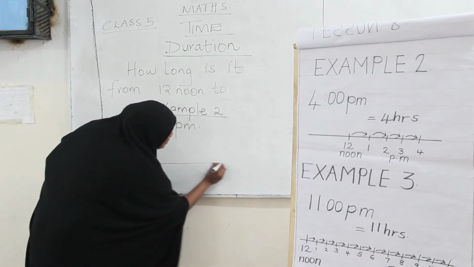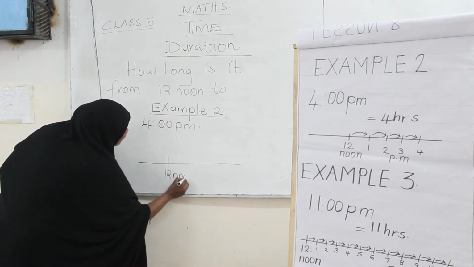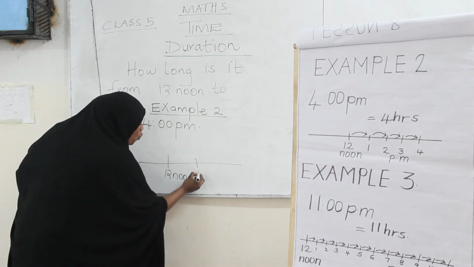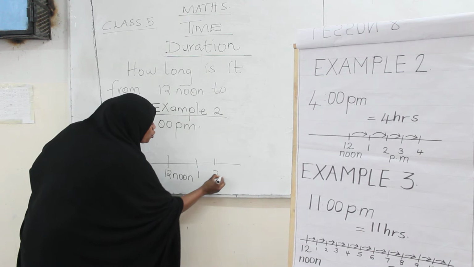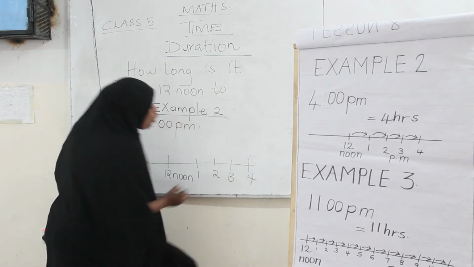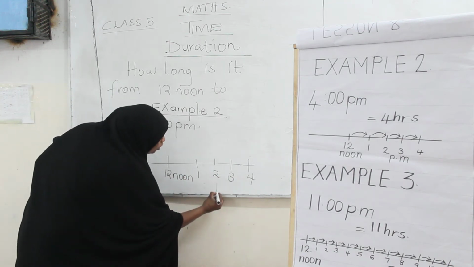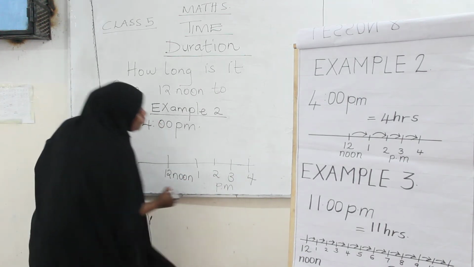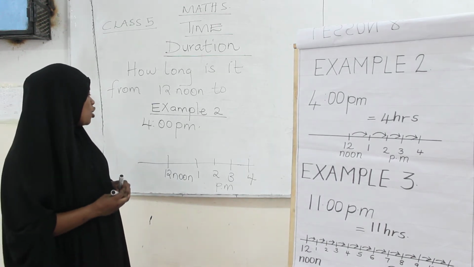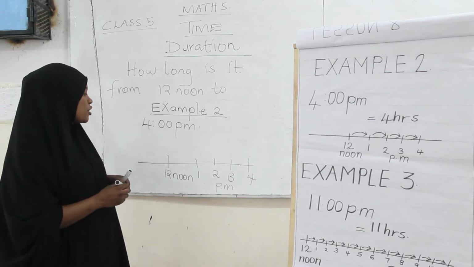Still using the timeline, after 12 we go to 1, then 2, 3, then 4. The times afternoon will all be in PM, because these times have passed noon.